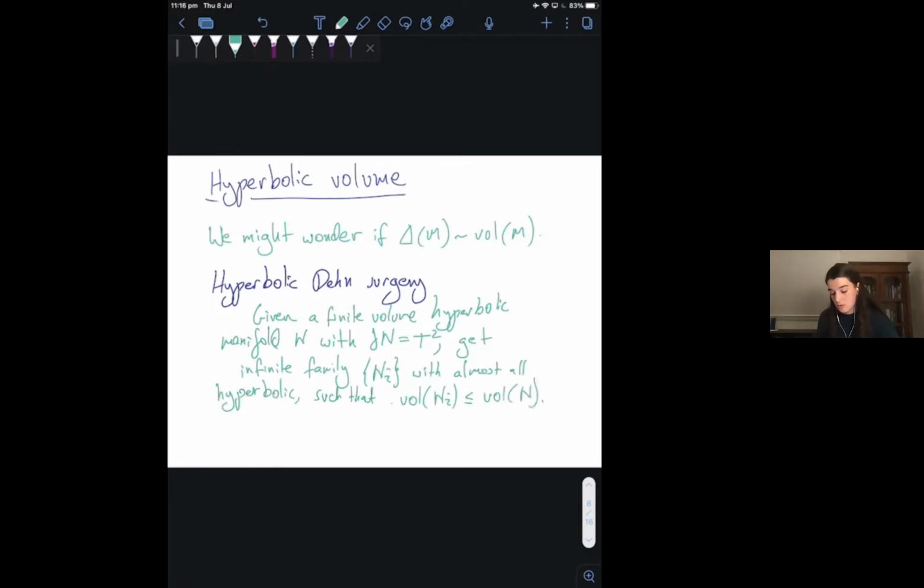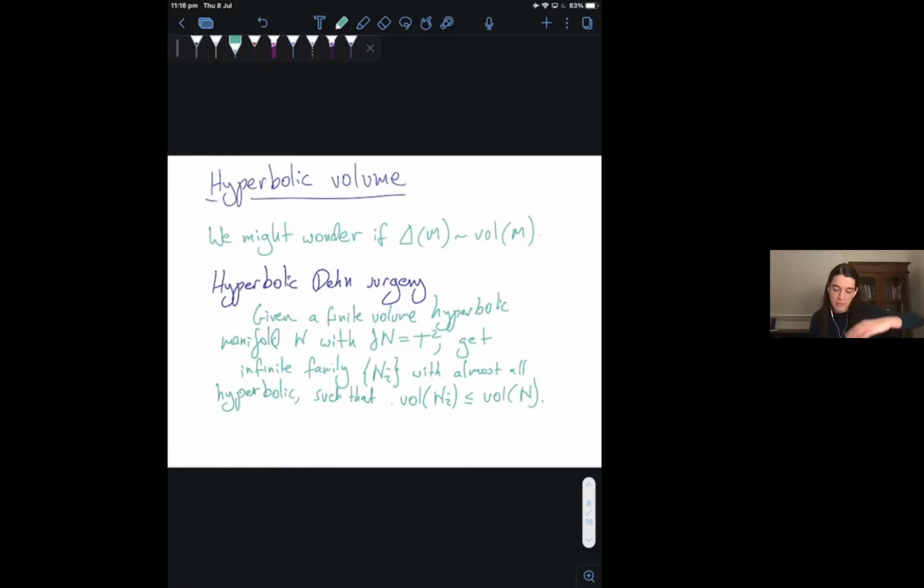Okay, it might not be immediately obvious how this is relevant to us, but you might remember that what's really nice about this combinatorial definition is that there's only finitely many three manifolds for each triangulation complexity.